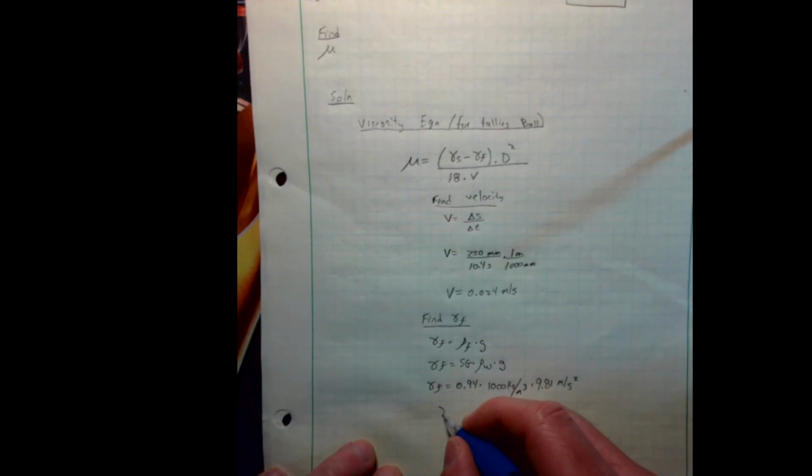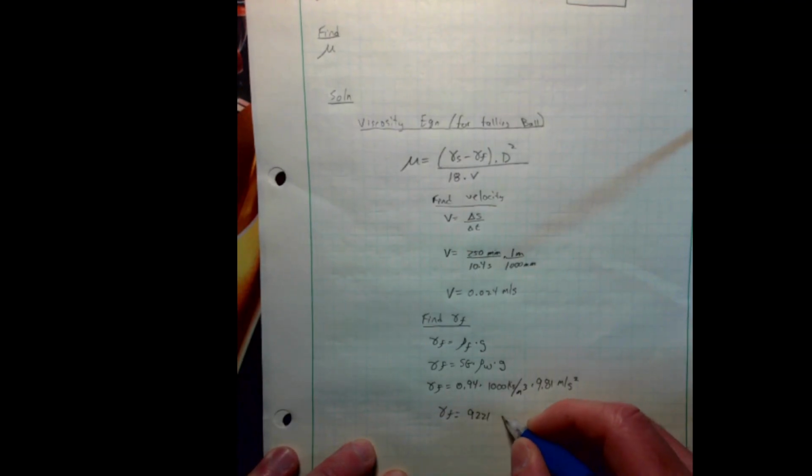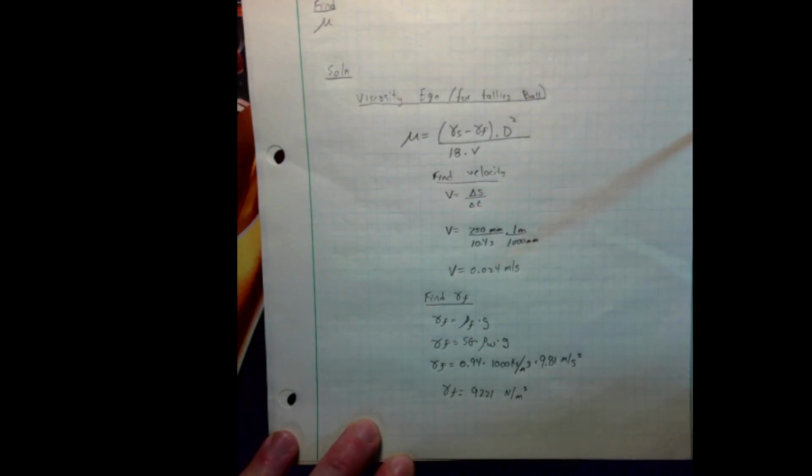Okay, and we get gamma F is 9221. And in the video, I showed some unit stuff. Newton over meter cubed. Cool.